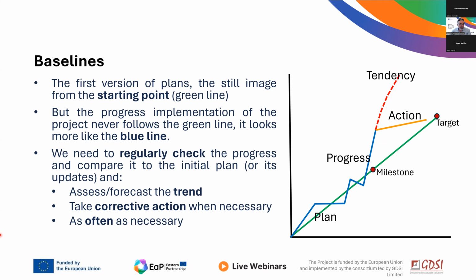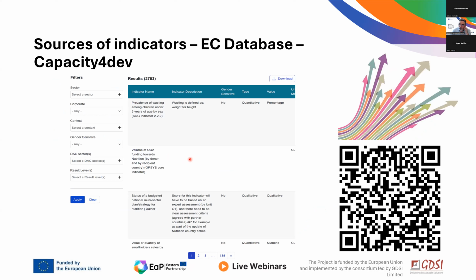And I wanted to provide you with sources of indicators. Capacity for Dev is part of the European Commission website, which is huge, of course. But I'm giving you here the QR code for that webpage, where you can actually find thousands of indicators related to the Sustainable Development Goals, to their own internal monitoring frameworks.